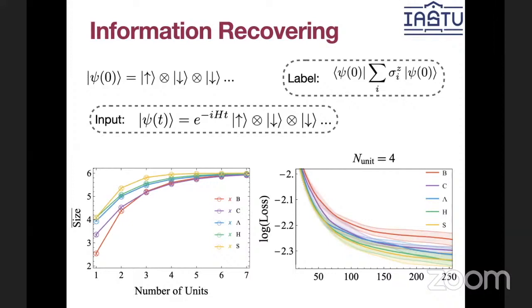From the right figure, we can see that during training the brick wall structure's loss decreases the slowest, then almost the chain structure and the hyperbolic one, and the yellow one, the supercube structure, decreases the farthest. So we can see that the more powerful the information scrambling ability, the more efficient the learning.